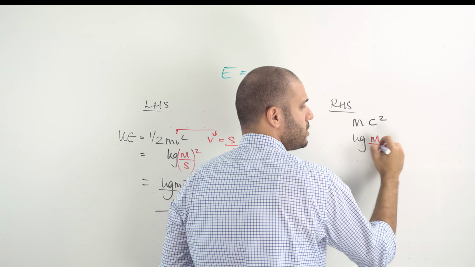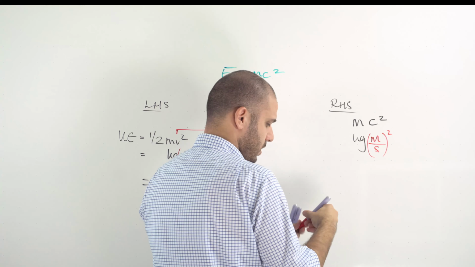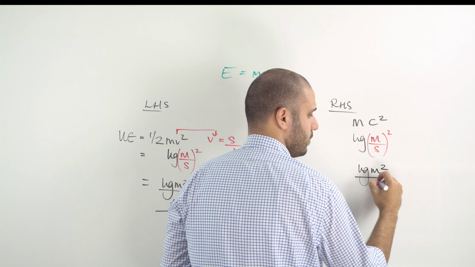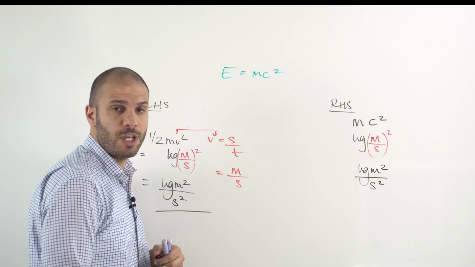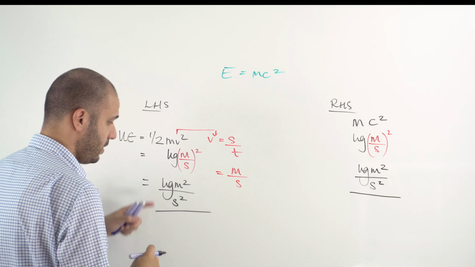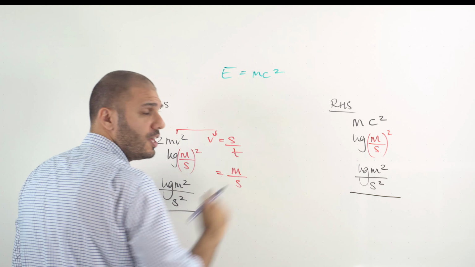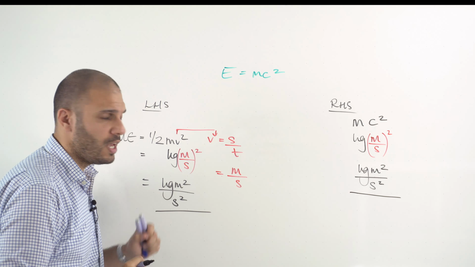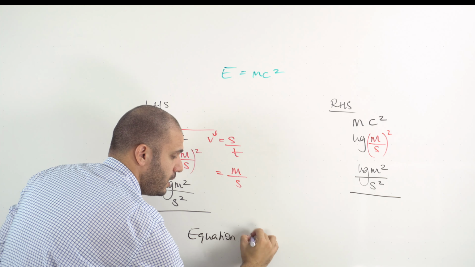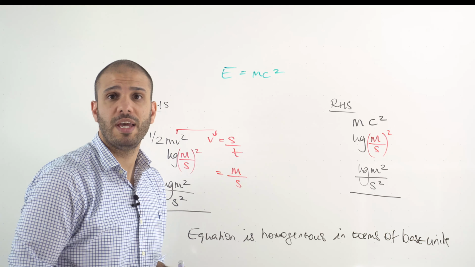Therefore, meters per second for the velocity of light, however, all of that is squared, and on the right hand side we end up with such base units. Now, if we have a look at what we've got on the right hand side and what we've got on the left hand side, the base units in this case are the same. Therefore, we can say that the equation is homogeneous in terms of base units.